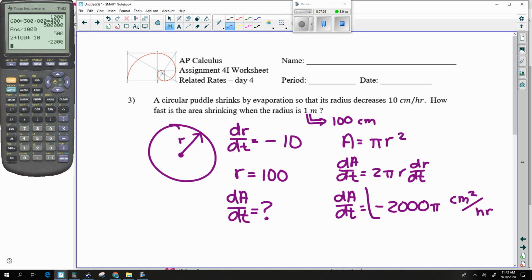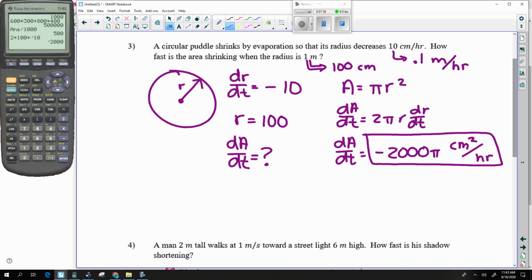Now you could do this exact same problem in meters if you so wished. That would be 1/10 of a meter per hour. If you were so inclined to do it that way, that would change up your units.